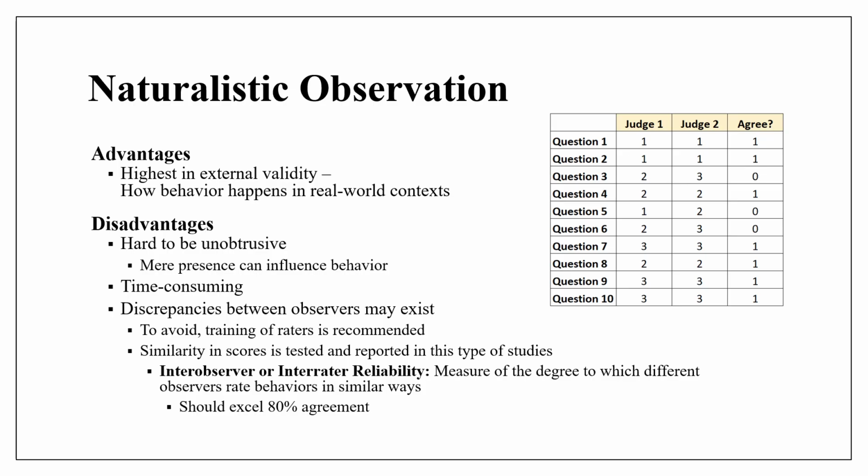So again, we want to make sure that the raters are being consistent in how they are evaluating behaviors, such that the observations of rater 1 are as close as possible to the observations and recordings of rater 2, and then that the observations and recordings of rater 1 and rater 2 are as close as possible to rater 3.